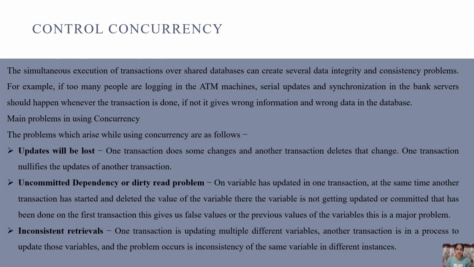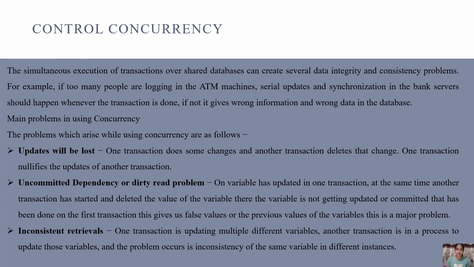Second, the uncommitted dependency or the dirty read problem. A variable has been updated in one transaction. At the same time, another transaction has started and deleted the value of the variable, so the variable is not getting updated or committed as done in the first transaction. This gives us false values or the previous values of the variables.